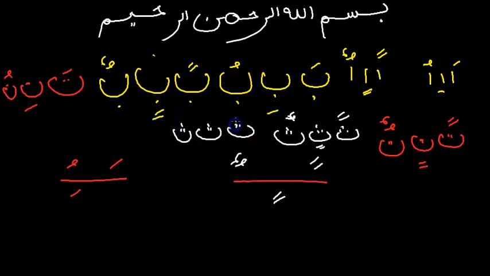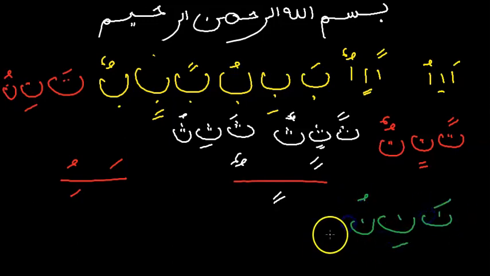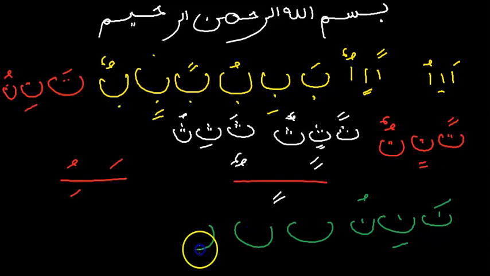This is simply going to be tha, thi, thu. Let's take nunun in 3 places: we can have na, ni, nu. What if it is fathatayn, kasratayn, and dhammatayn? This is simply going to be nan, nin, nun.